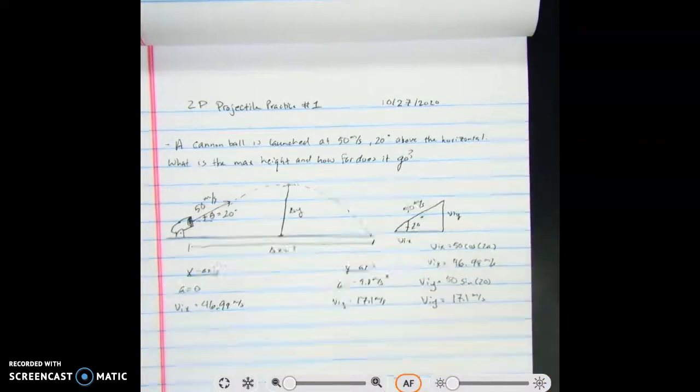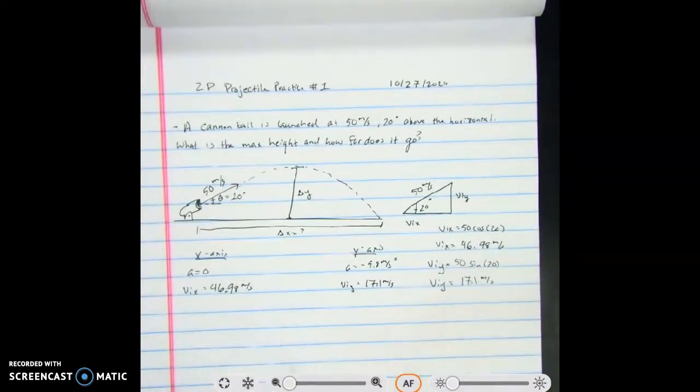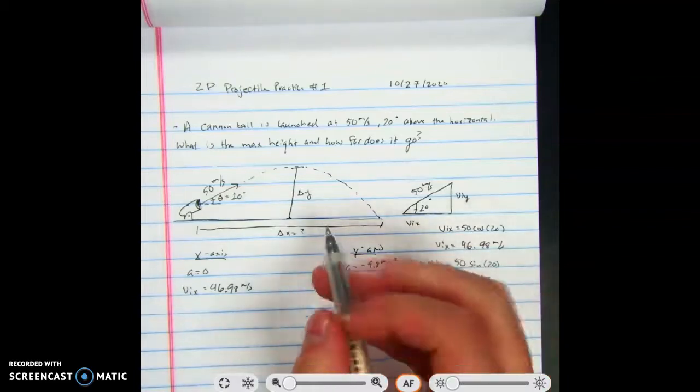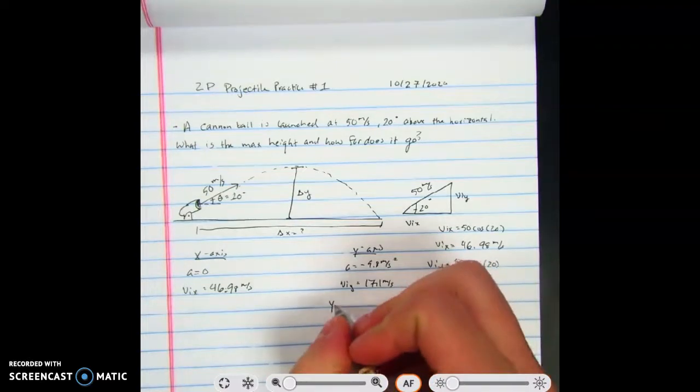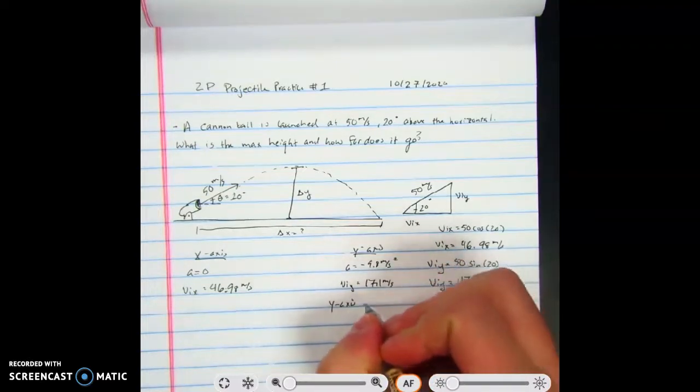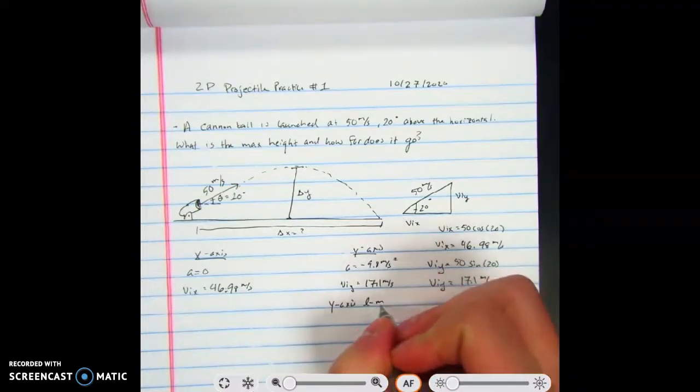Okay, so we have this bit of information. And now we have to think about what I went through yesterday with our two parts, particularly for the y-axis. If we think about the y-axis from launch to the highest point, I'm going to say y-axis, launch to max, launch to maximum height.